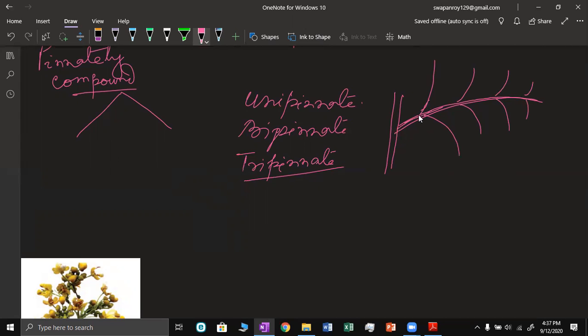If the leaflets are not on the rachis but on these branches, the leaf is like this. So this way, that is twice pinnate.